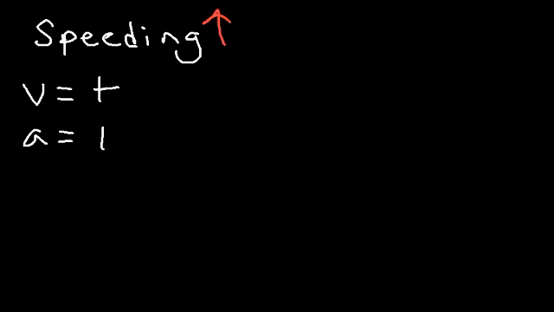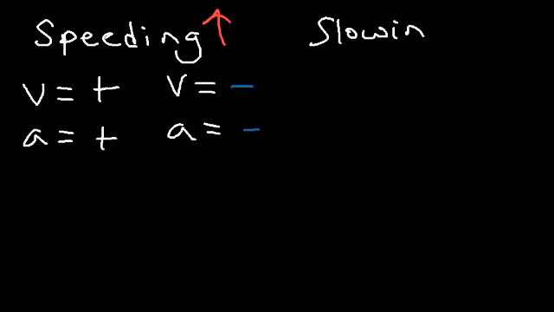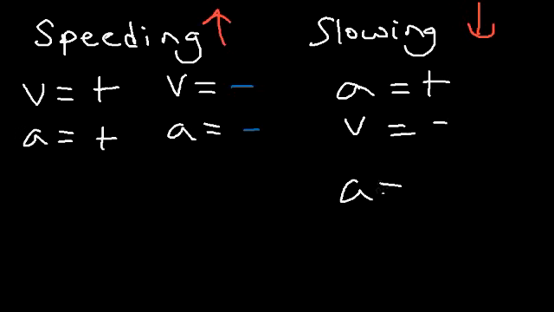Either they're both positive or they're both negative. The particle is slowing down whenever acceleration and velocity have opposite signs. It could be positive and negative or negative and positive.